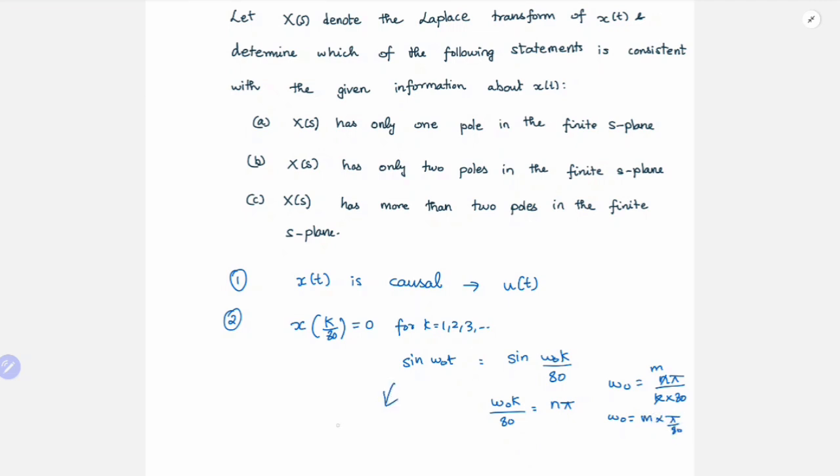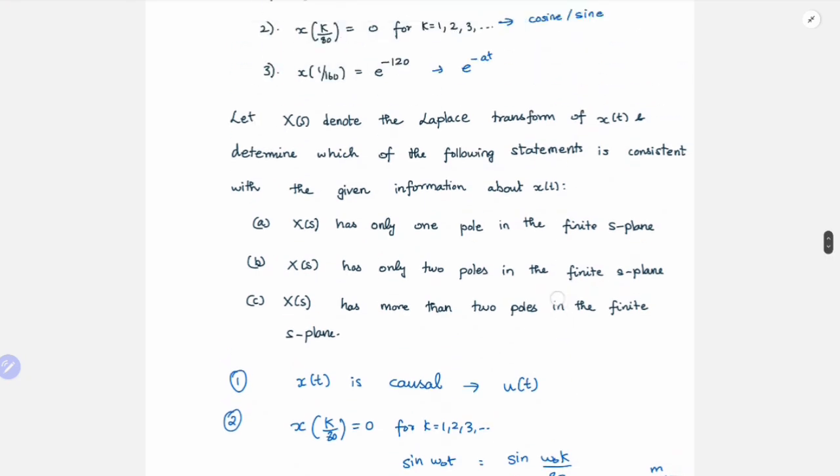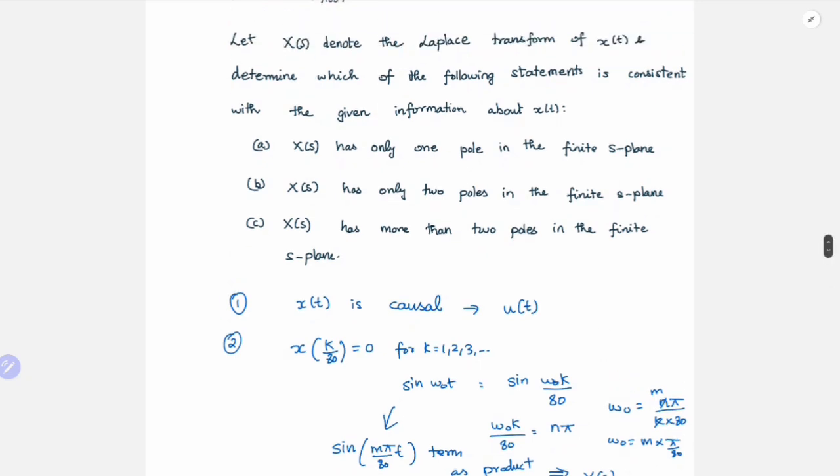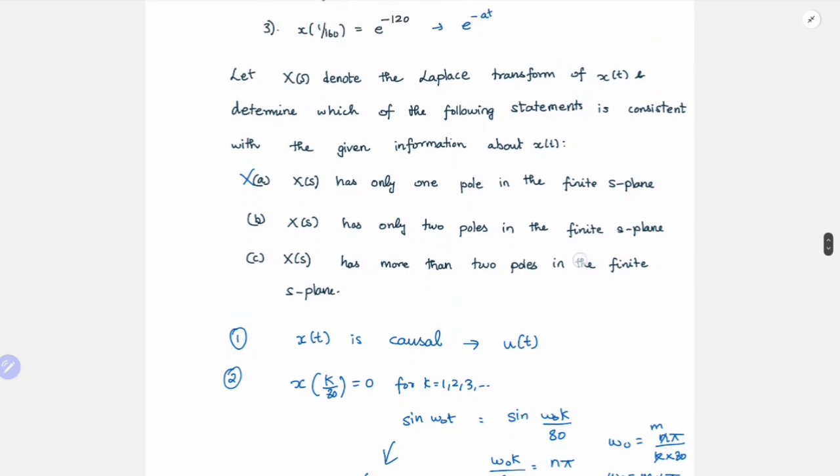So what you can observe from here is I have some sine of m pi by 80 t term as a product. These are either cos or sine, anything can be, okay? So this implies that X of s, the Laplace transform, should have two complex poles, correct? Okay, so my first option is already eliminated.